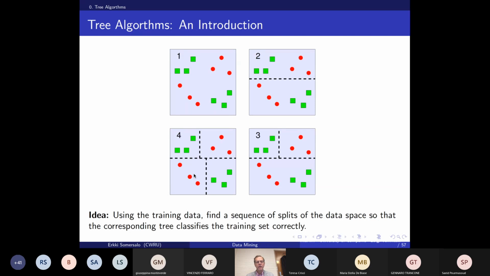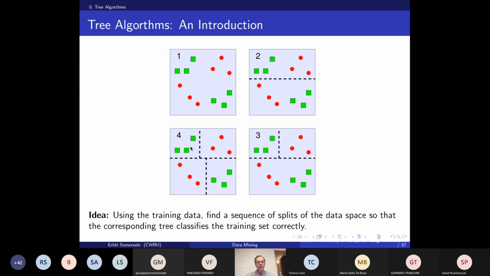In this particular example, rectangle number 4 has been divided into 4 rectangles. Now we have rectangles containing only one type of training data, so it's easy to say in which class you would classify your unknown x. If you go through this tree structure, you end up in one of these 4, and depending on whether you have these red dots or these green squares, you classify your unknown x in one of those classes.